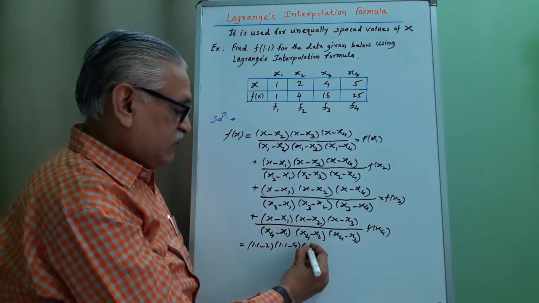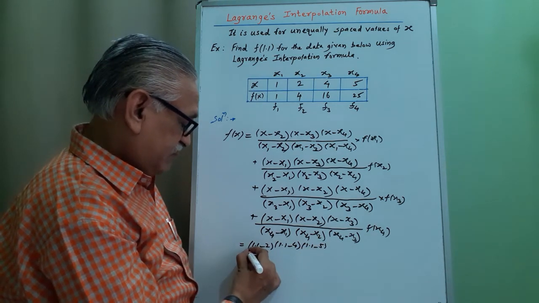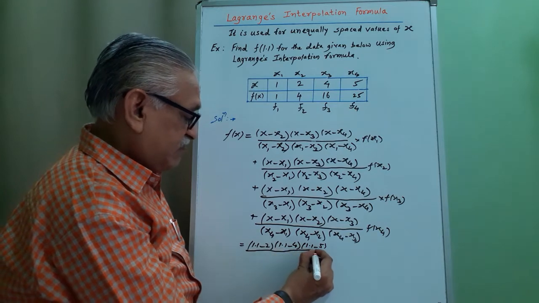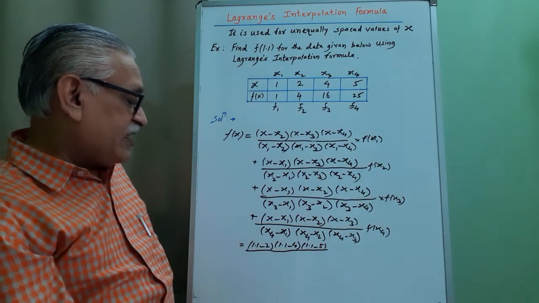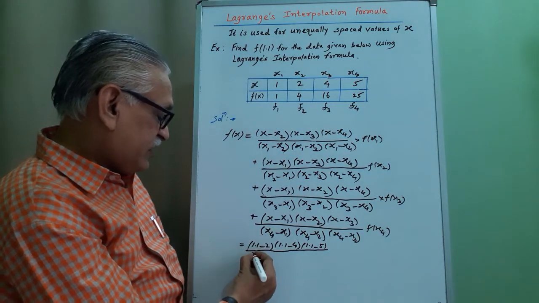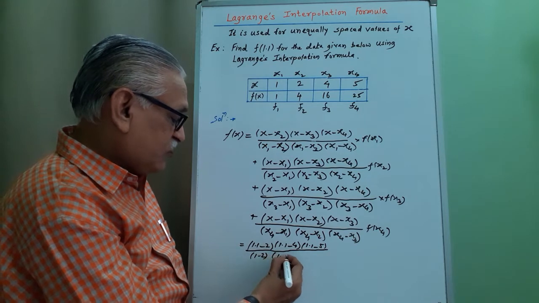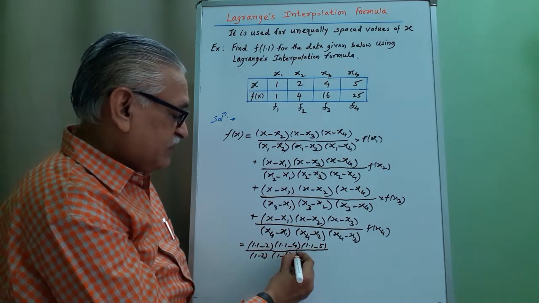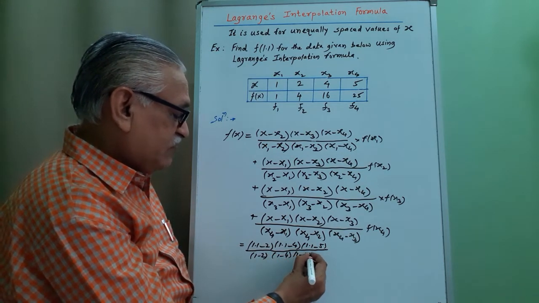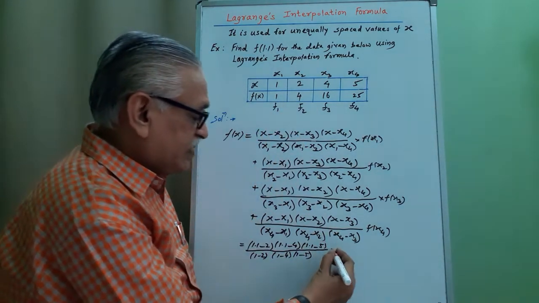Next 1.1 minus 5. Divided by x1 minus x2, therefore x1 is 1, so 1 minus 2, then 1 minus 4, then 1 minus 5, into f1, the value of f1 is 1.